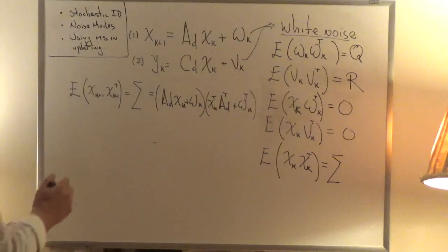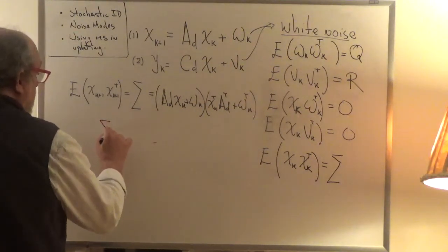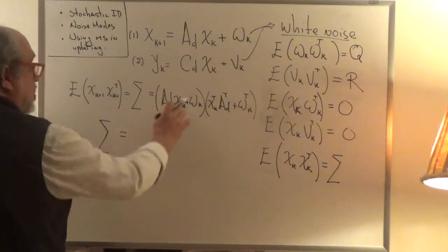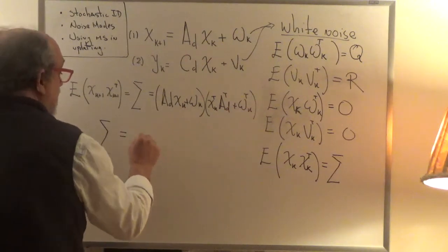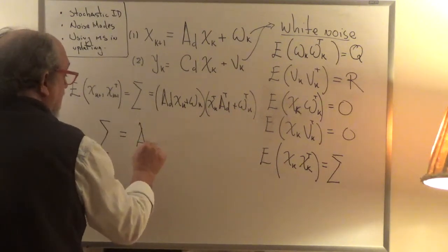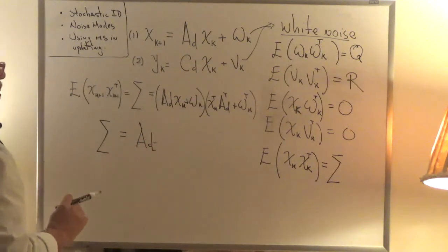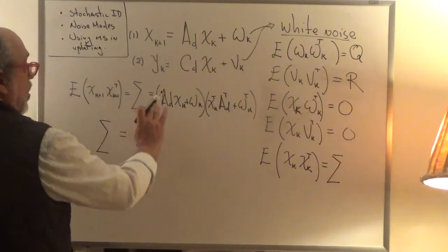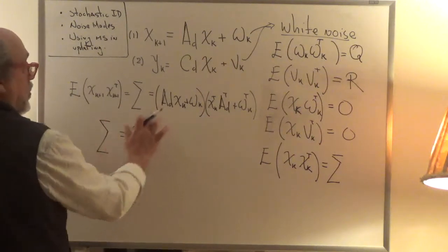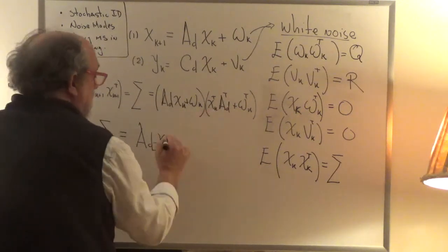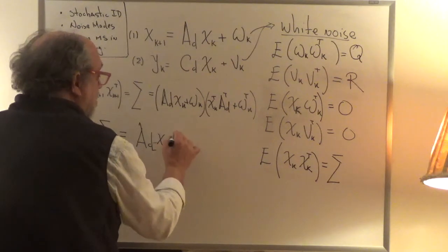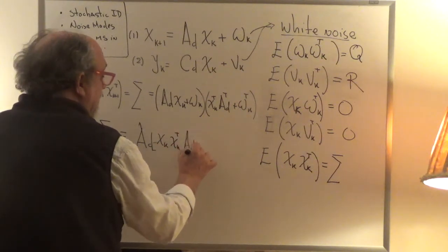From where you find, with a little bit of elementary multiplications, just 4 things. Well actually let me just do the multiplications myself one time. So this is equal to AD xk, right, times xk transpose times AD transpose.